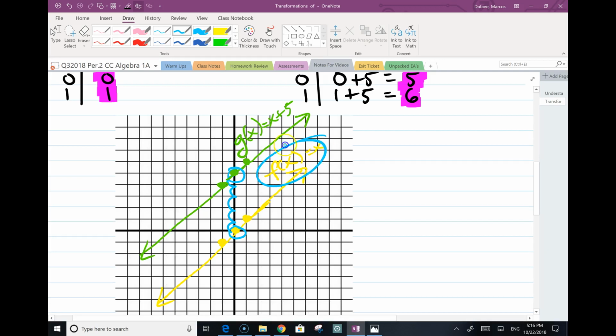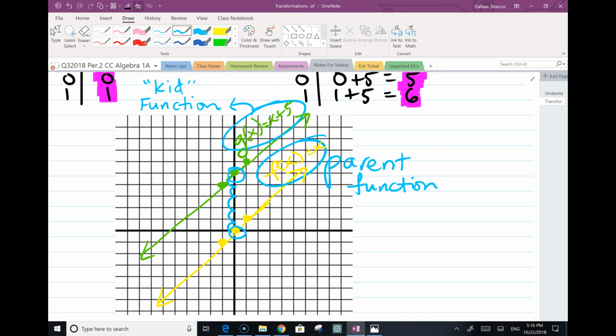If this over here represents the parent function, then this over here would be like the quote-unquote kid function. This is by no means an official academic label for this g of x function, but I like to call it kid function because it shows that there's some kind of connection to the parent function, and this is where it came from. We just add 5 to the parent function, and there you go.